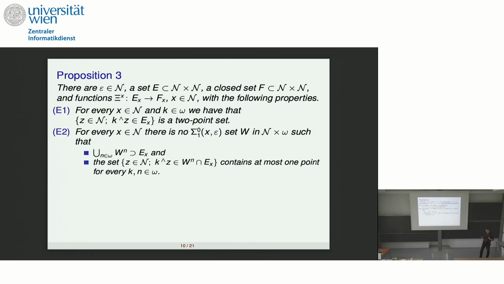So we would like to construct a closed set with no uniformization, with no decomposition into Borel sets of certain quality. And here, this is a germ of this construction.